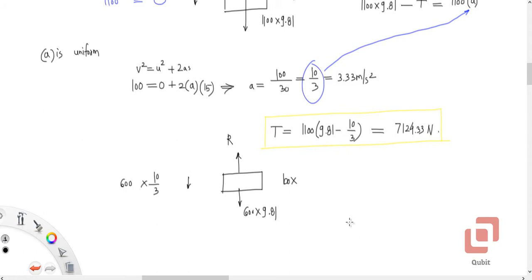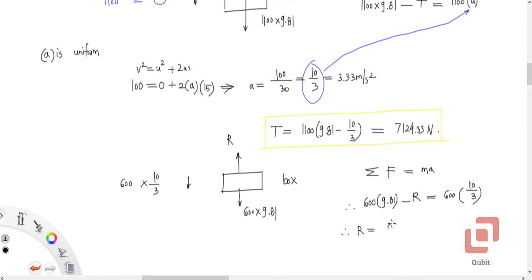Now apply Newton's second law of motion, which is summation F is equal to ma. Now what is summation F? It is 600 into 9.81 minus R, the normal reaction, equal to 600 into 10 by 3.